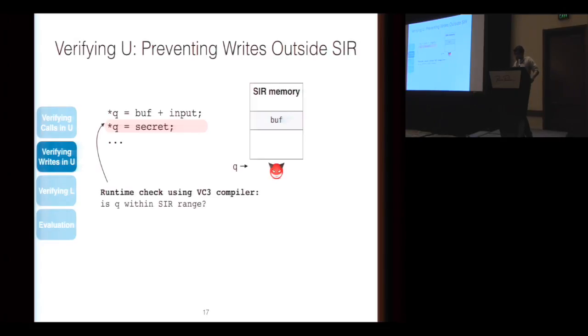Just like before, we're going to protect against these kinds of issues by using our compiler to put in runtime checks that say whenever you do a store, the address must be in SIR memory. And as soon as you execute that store instruction, a software exception will happen as before, and it will prevent further execution.